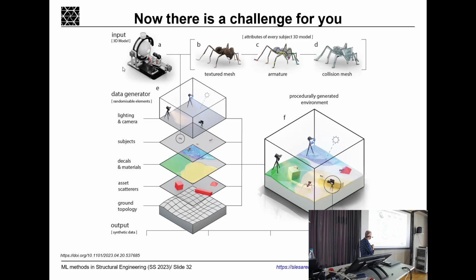As usual, if you are familiar with rendering, with Unreal Engine or Blender or whatever, you create lighting and a camera, you put ants in, you create some materials, different reflections, different textures, then you put some objects like stones or maybe some trees, and you change the topology a little bit in order to not make it flat. At the end you have a procedurally generated environment. You really have something that looks like a real environment, but of course it's computer generated.